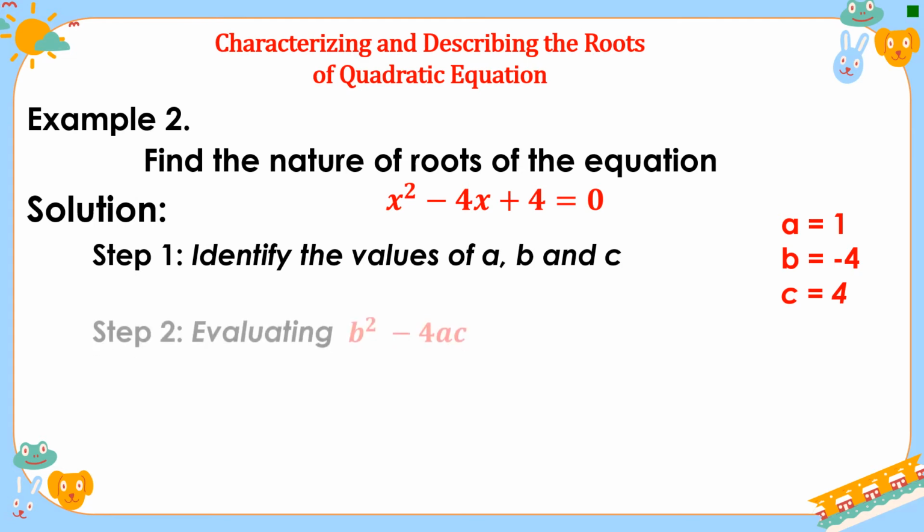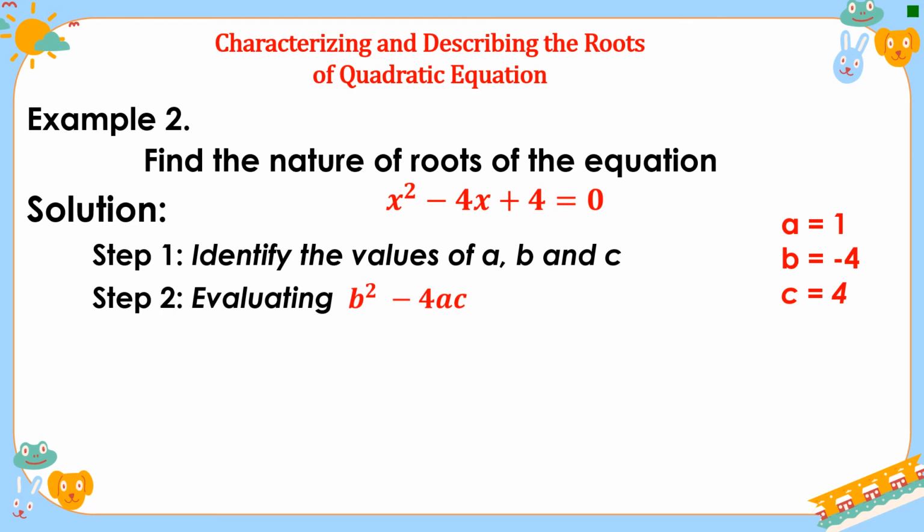Second step, evaluating discriminant b squared minus 4ac. By this time, we need to substitute the values of a, b, and c to our discriminant formula b squared minus 4ac. So we have b squared minus 4ac equals negative 4 squared minus 4 times 1 times 4.